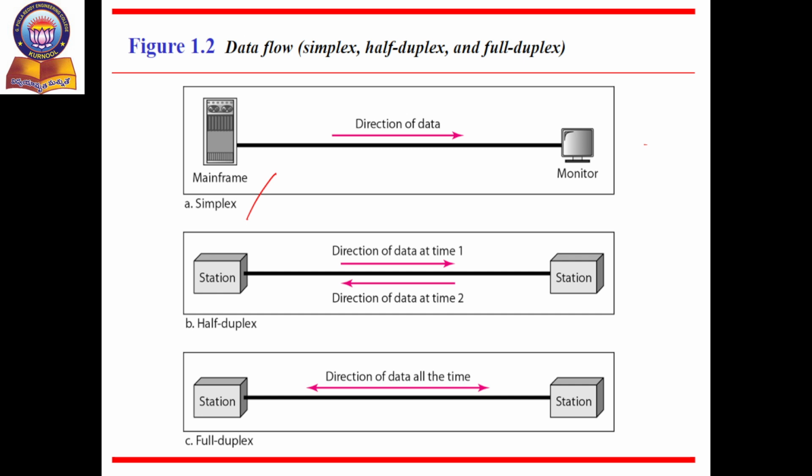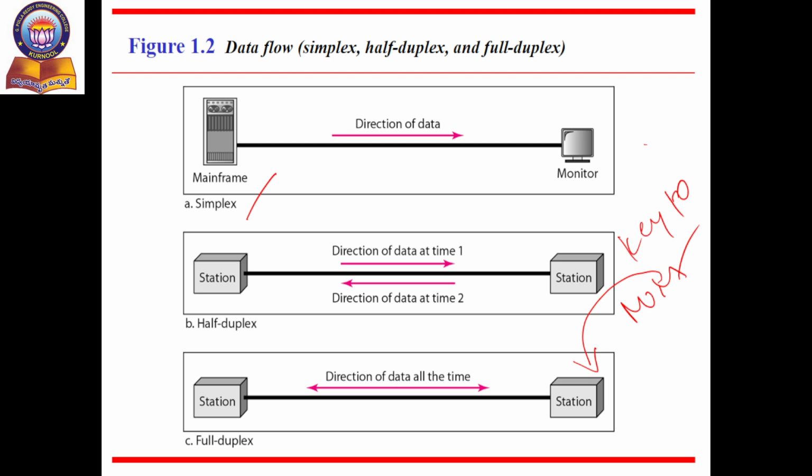Just as an example, we give input from the keyboard to the monitor. The monitor doesn't send any information back to the keyboard, and vice versa is not possible. We are sending data from one device to another device only.